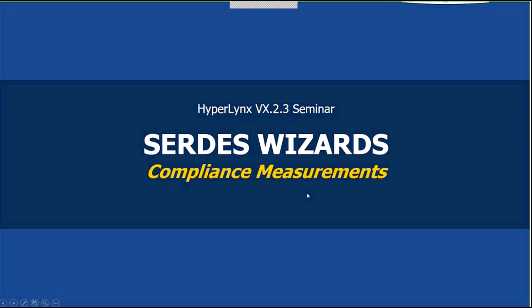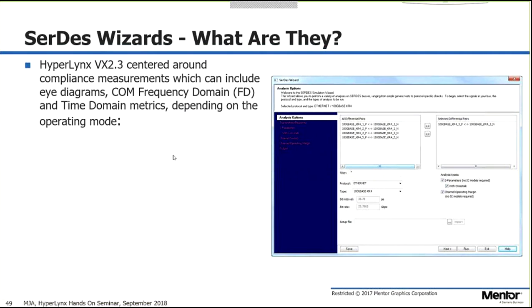Now let's go look at the compliance wizards in a little bit more detail. We touched on this a bit, but what we do here is we are going to look at different types of interconnects. Right now, it's this particular GUI set up to look at an Ethernet protocol, and there's certain metrics that we're going to measure against to see how that's going to function.